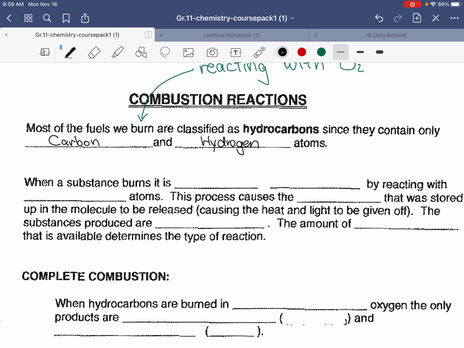All right, let's fill in these blanks. When a substance burns, it is rearranging bonds, which is really what a reaction is all about, right? A reaction is about breaking bonds and making new ones. You can say that that's rearranging of bonds by reacting with oxygen.